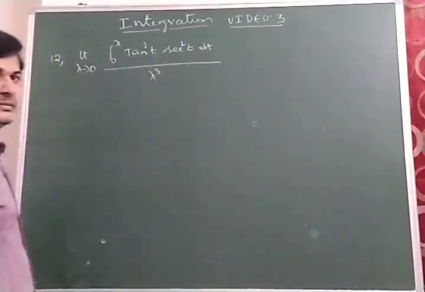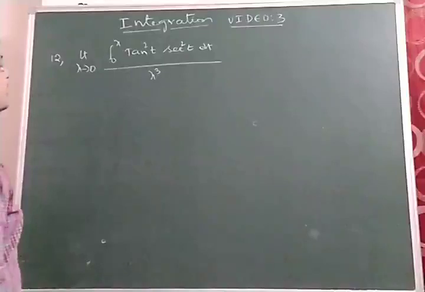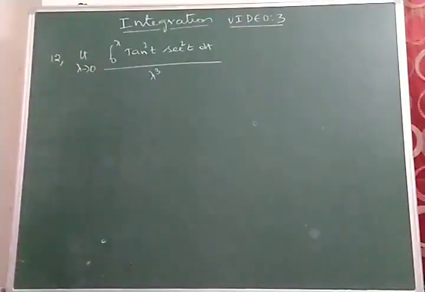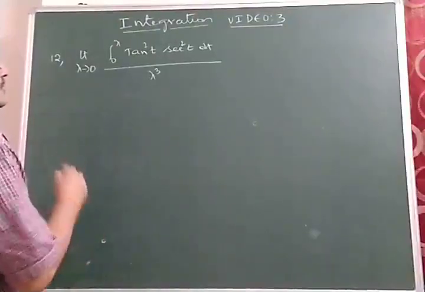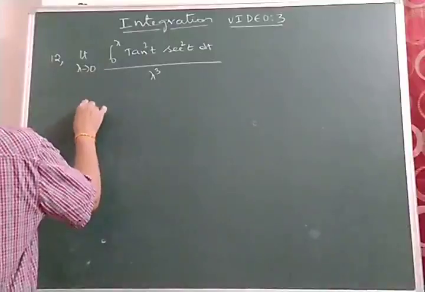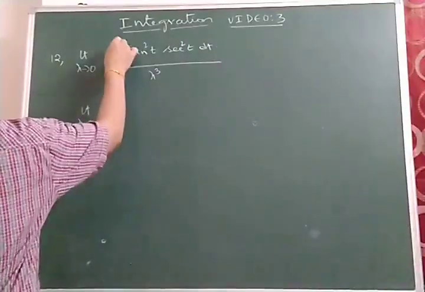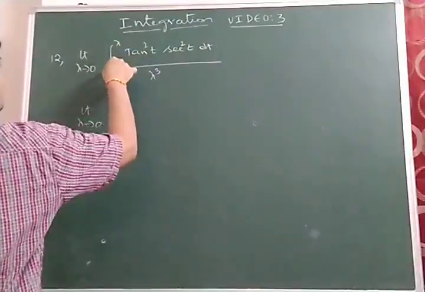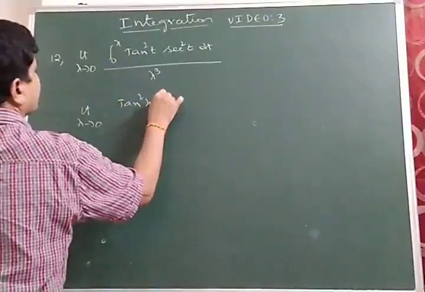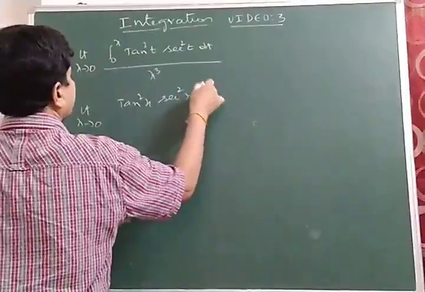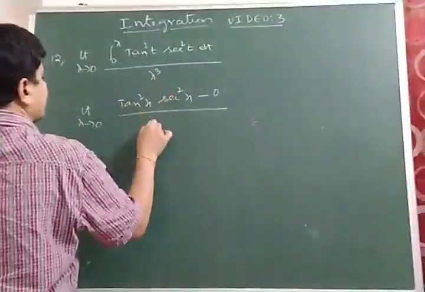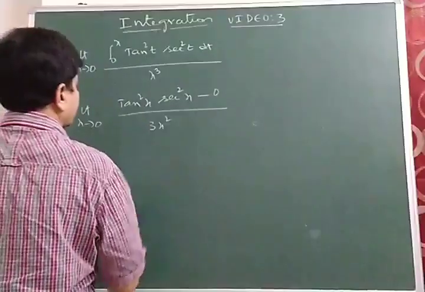Question number 12. Limit x tends to 0 of integral 0 to x tan square t secant square t dt by x cube. This type of problem is solved by using Leibniz theorem. That is, limit x tends to 0, derivative of upper limit is 1, applying upper limit on the function, tan square x into secant square x, minus derivative of lower limit is 0, by derivative of x cube which is 3x square.